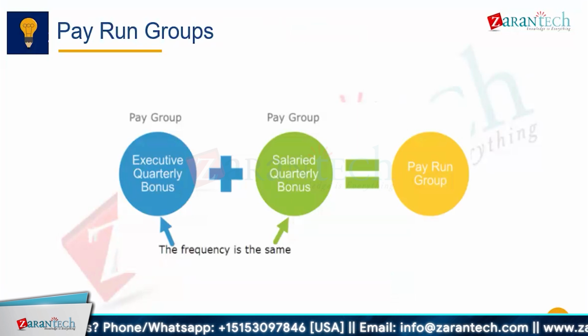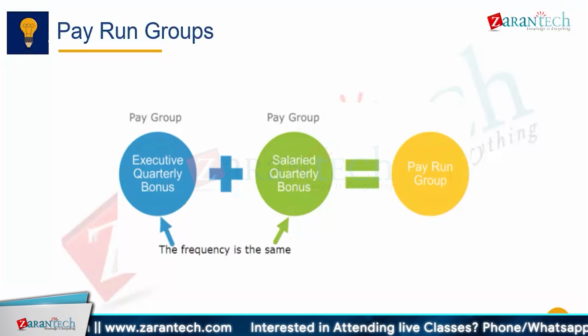And so basically we have a concept of pay run groups. This is again not widely used, I would say, but it is used by the majority of enterprise clients, right? Basically employers having more than 20, 30,000 or 40,000 people with multiple pay groups.